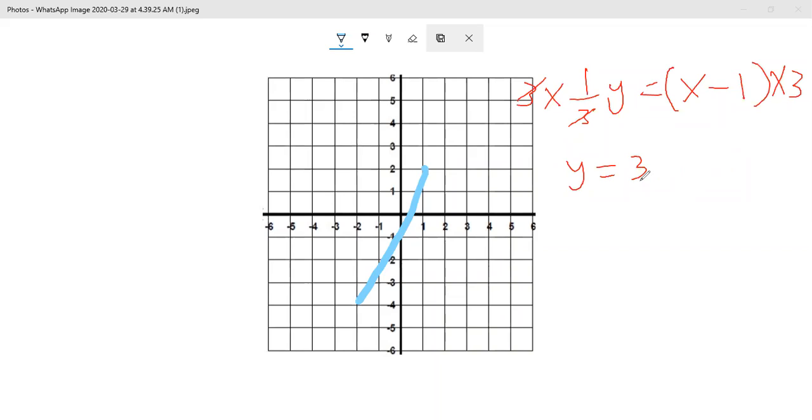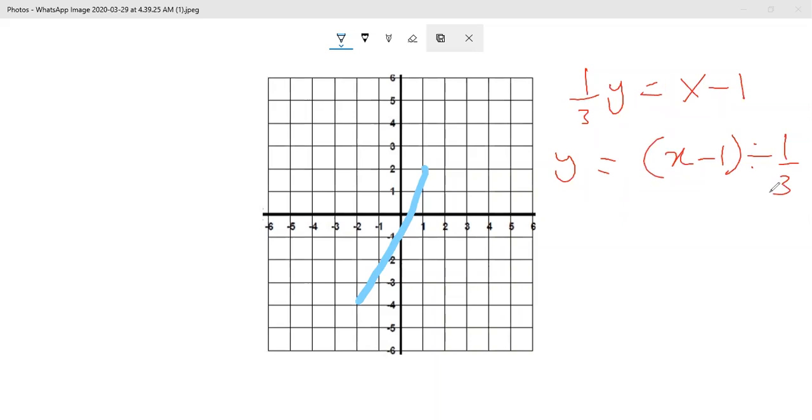And also, Abdurrahman, you can solve it like that. You can say y equals x minus 1 divided by 1 over 3. It's clear like that? Yeah. So y equals x minus 1 multiply 3, so y equals 3x minus 3.